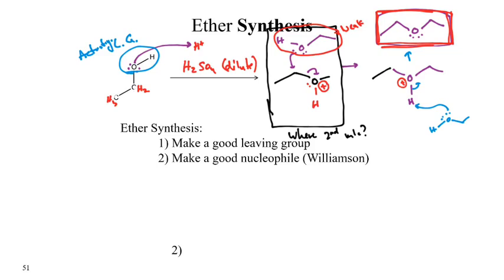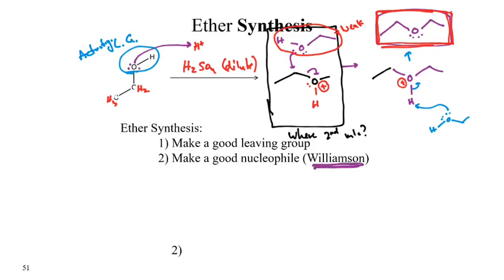Okay, so the other alternative to making a better leaving group is to force the leaving group off, make hydroxide leave the structure, by having a better nucleophile come in and chase it. This is known as the Williamson ether synthesis.